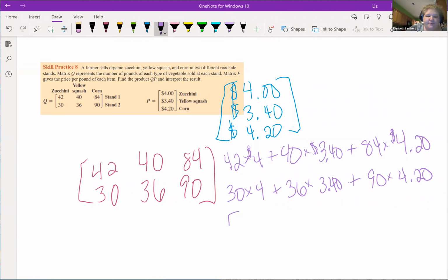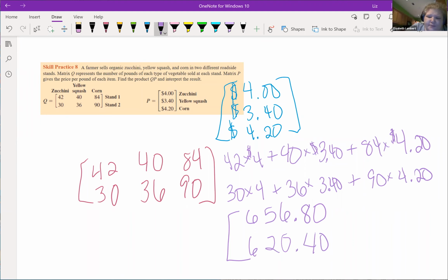So we get 656.8, but this is money, so I'll go ahead and write 80. And now 30 times 4 plus 36 times 3.40 plus 90 times 4.20 gives 620.4, but again, we know that's money, so we'll make it 40.